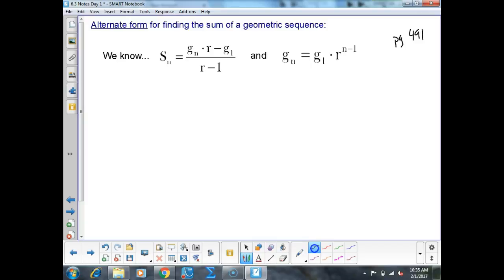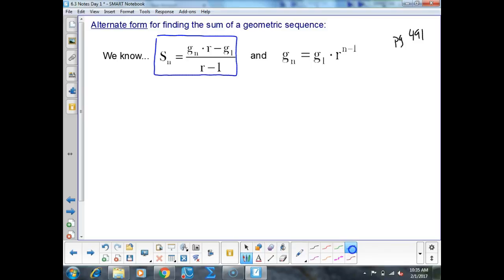What they're saying is we just developed Euclid's method right here. And Euclid's method is great. It works. We just proved that it worked.